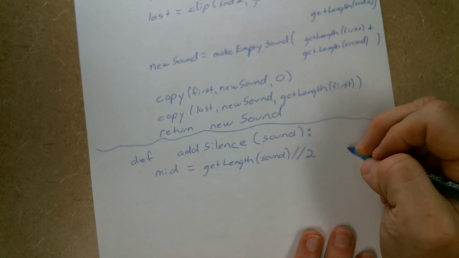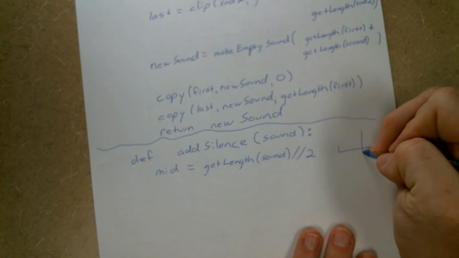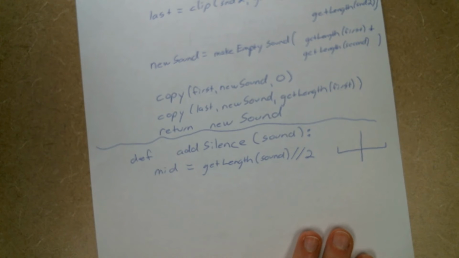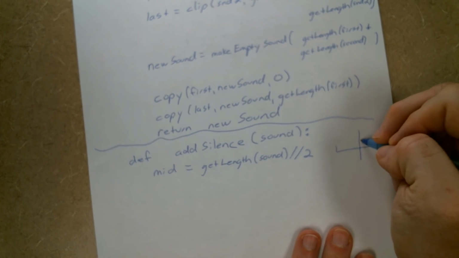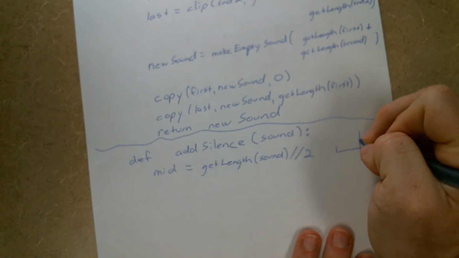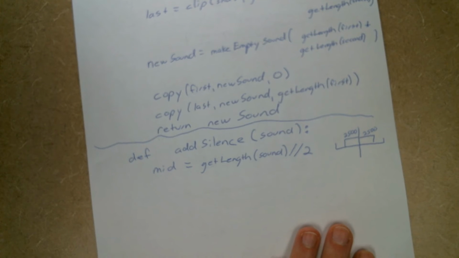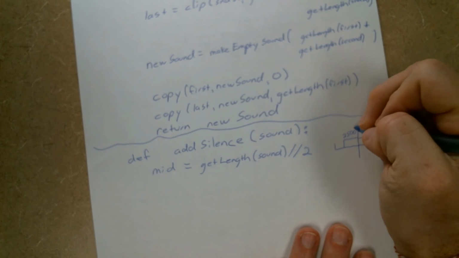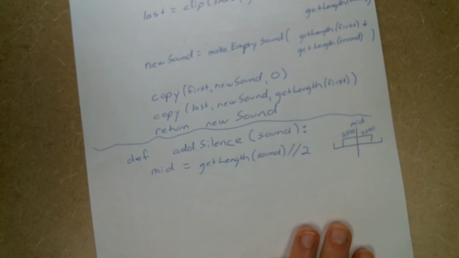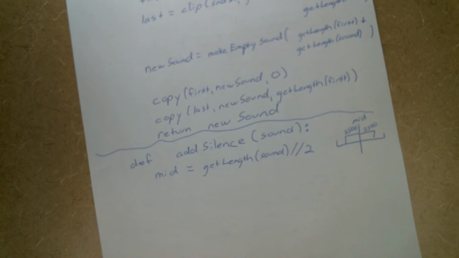Now, let's just pretend this is a song, and I just found this right here. To get the middle 5,000, I have to go 2,500 above, and I have to go 2,500 below, all right? Because this mid is the exact middle. So I'm going to go 2,500 up, 2,500 down, and that will give me the middle 5,000.